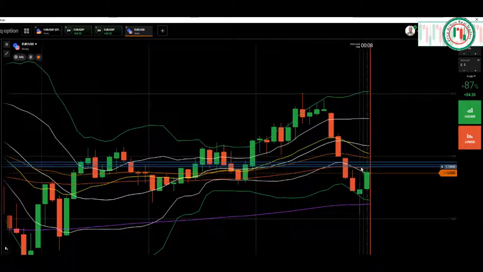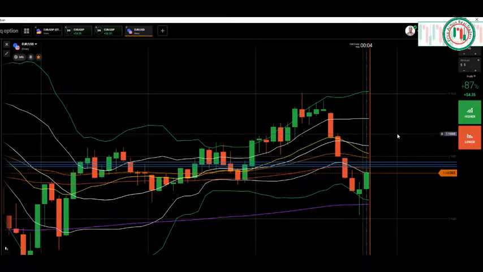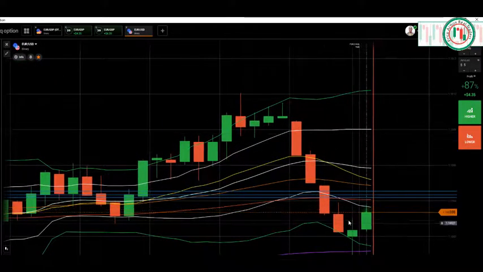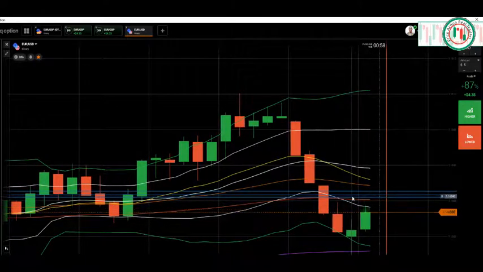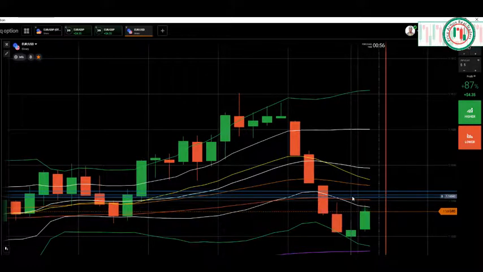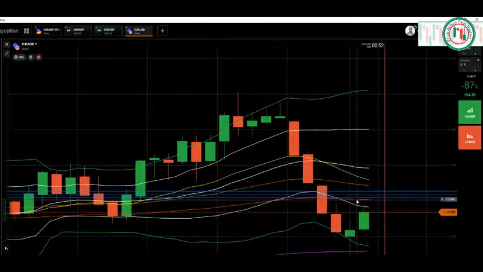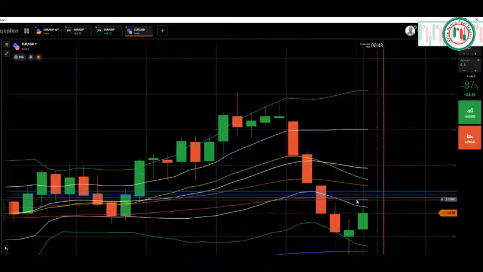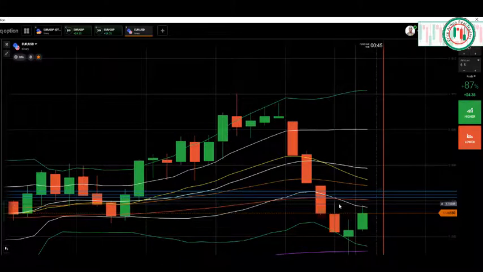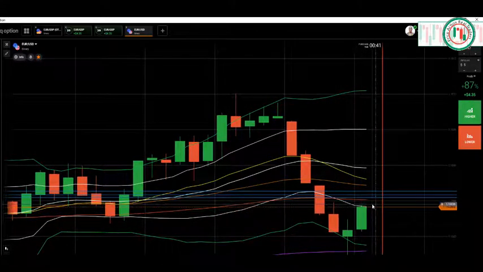It may reverse, so I will wait again. You see, the 100 EMA is flat, so I will wait.